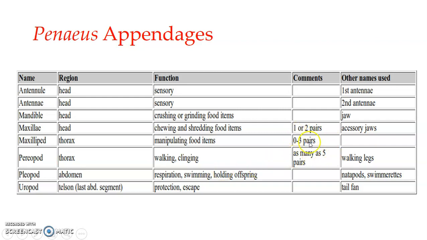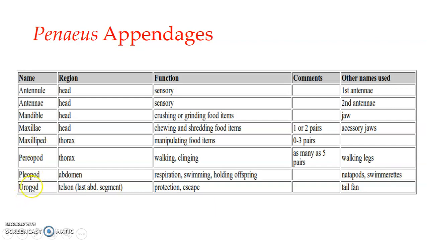So altogether 8 pairs of thoracic appendages. So 5 pairs of cephalic appendages and 8 pairs: 3 pairs of maxillipeds and 5 pairs of pereiopods. Pereiopods are known as walking legs. That means it is 5 plus 8, 13 pairs of appendages on the cephalothoracic region.